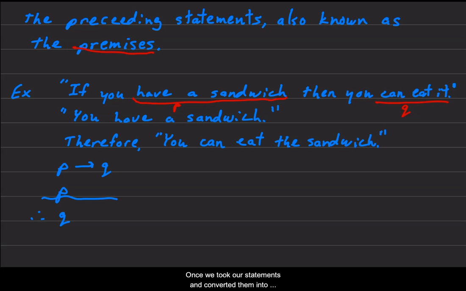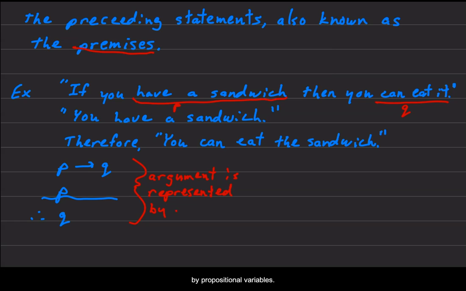Once we took our statements and converted them into propositional variables, then we have this argument being represented by propositional variables, which makes this an argument form.